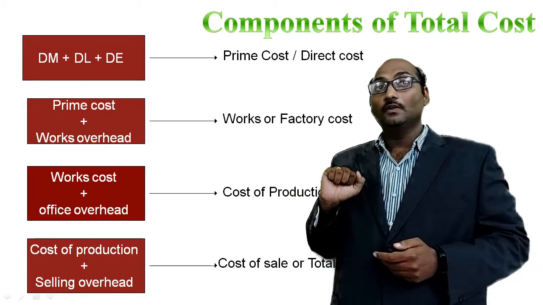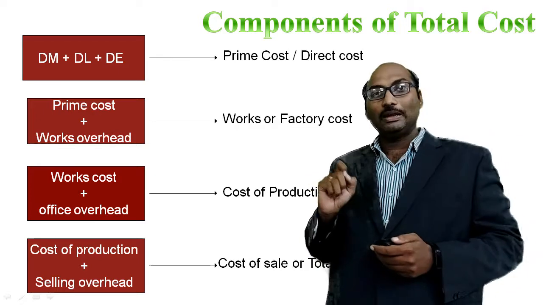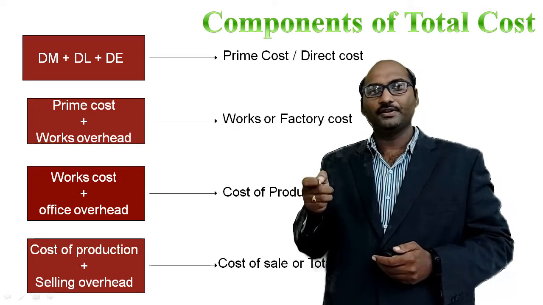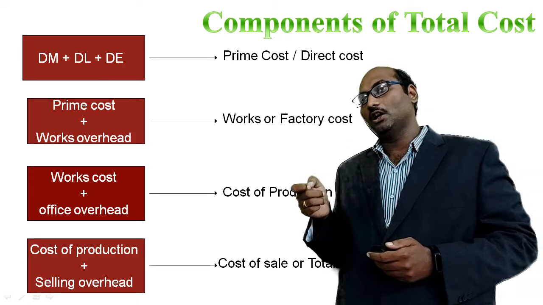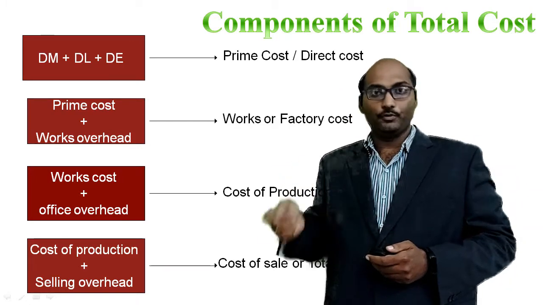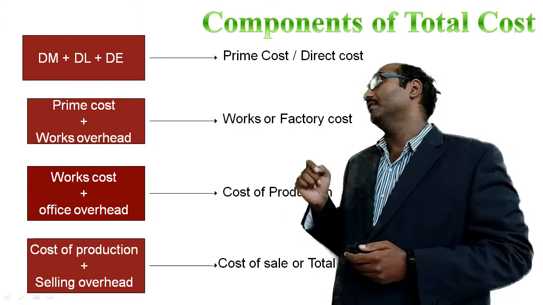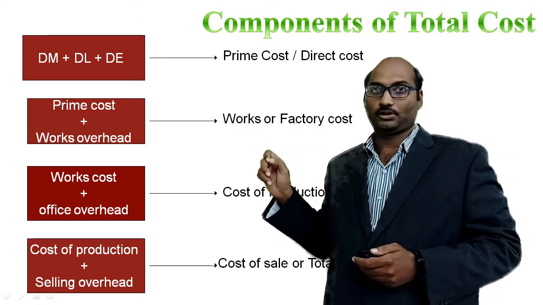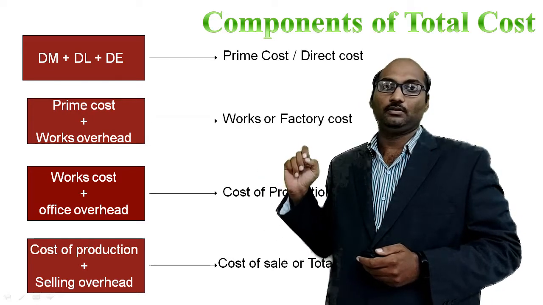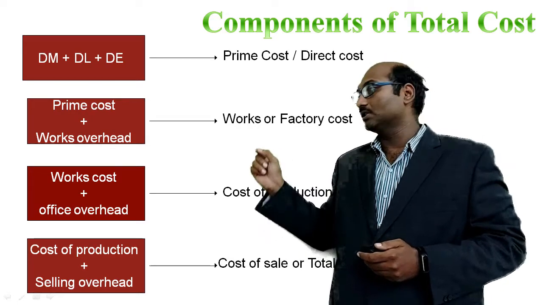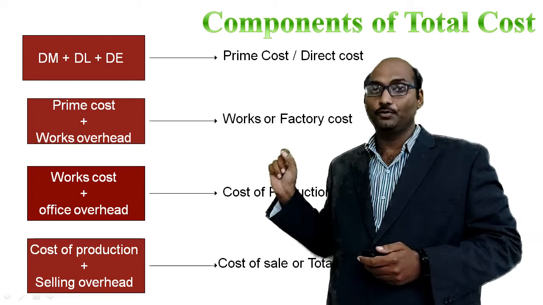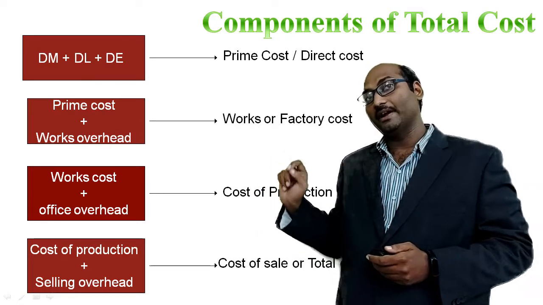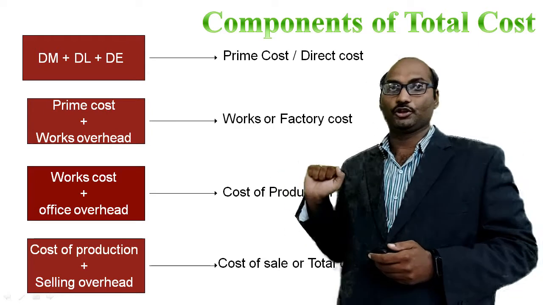Then the prime cost plus the factory overheads, also called works overheads or production overheads, will give the factory cost or works cost. This factory cost along with the administrative overheads is referred to as the cost of production.